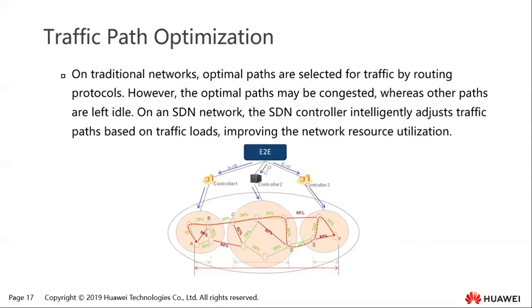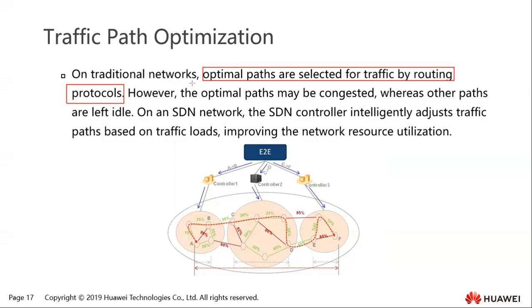The other big benefit of SDN is traffic path optimization. On traditional networks, optimal paths are selected for traffic by routing protocols, or we can actually configure traffic paths.